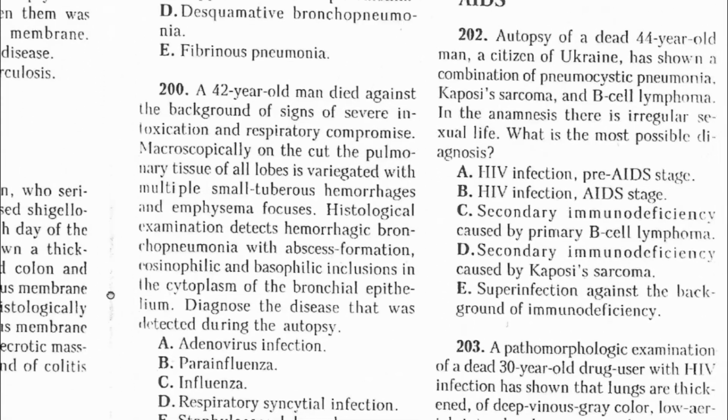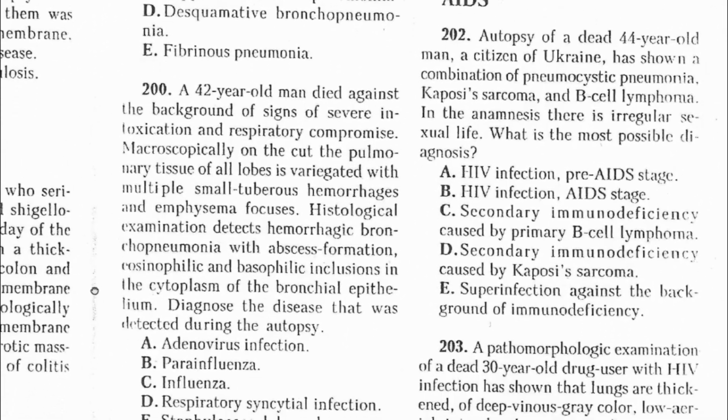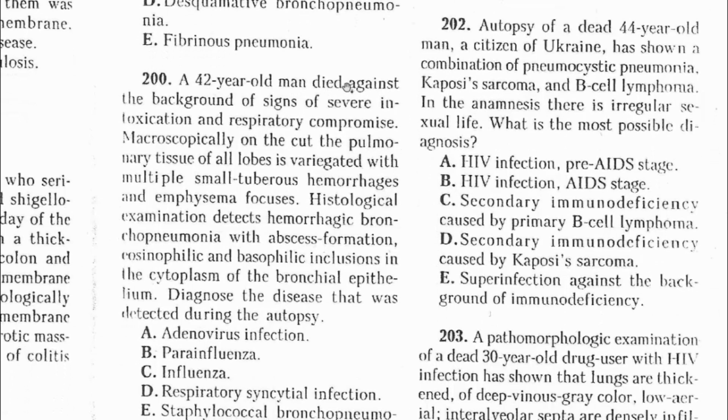Question 200. A 42-year-old man died against the background of signs of severe intoxication and respiratory compromise. Microscopically on the cut, the pulmonary tissue of all the lobes is variegated with multiple and small tuberous hemorrhages and emphysema focus.